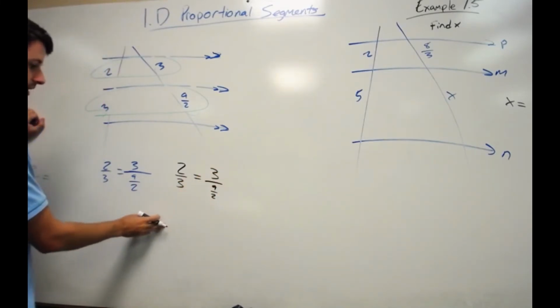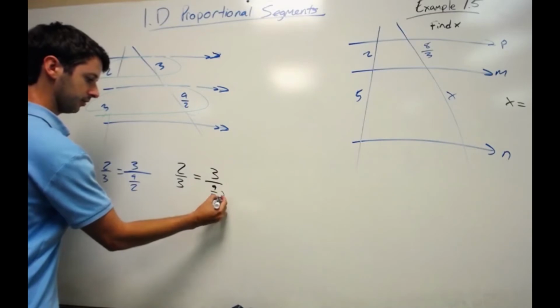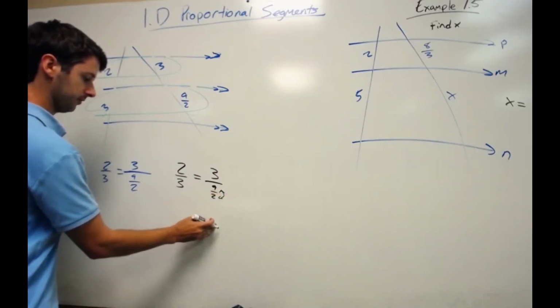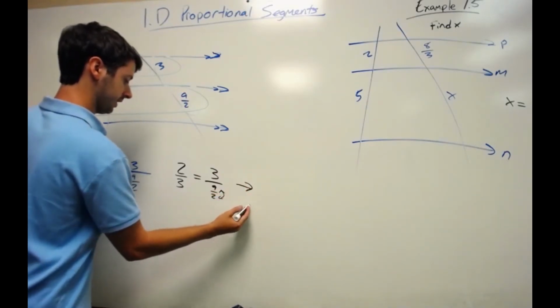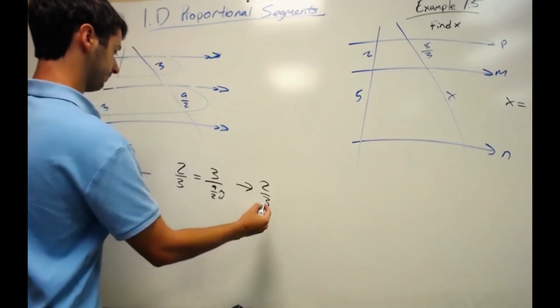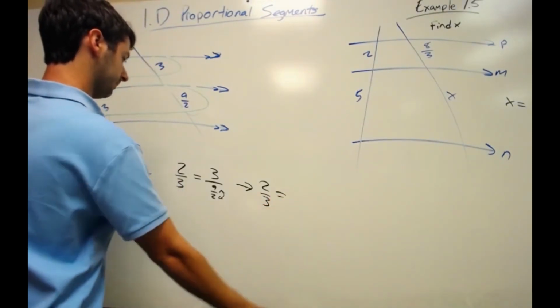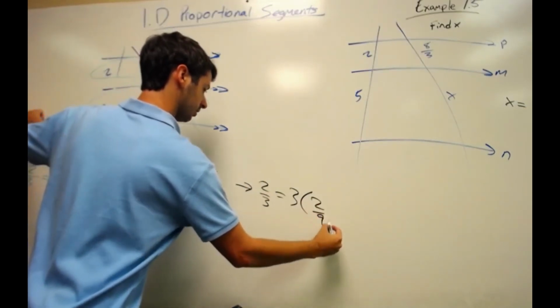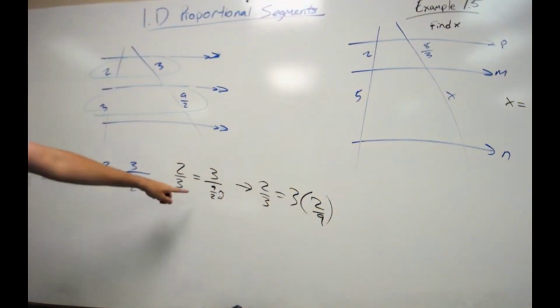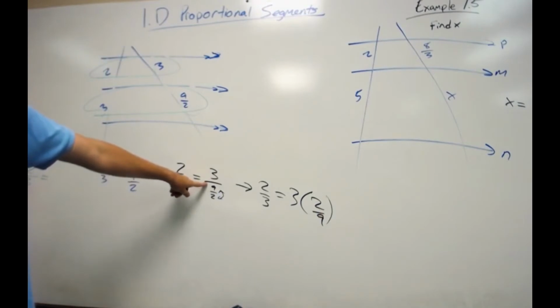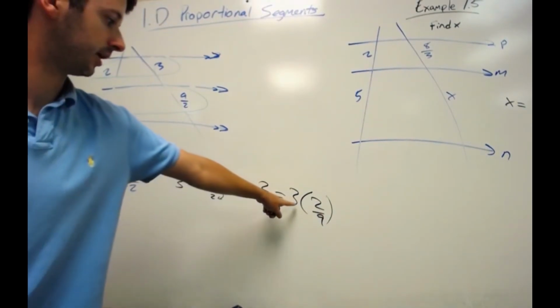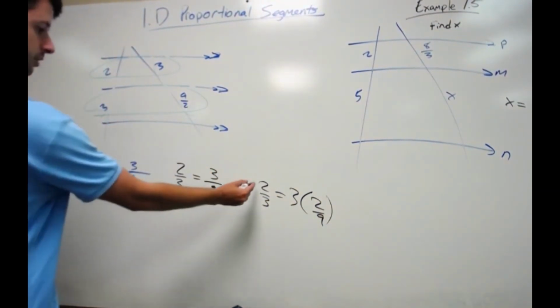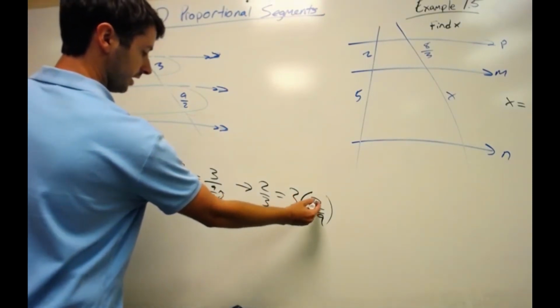When we divide by 9 over 2, we multiply by the reciprocal. So that turns out to be 2 over 3 equals 3 times 2 over 9. We simply flip these, and now we're not dividing, we're multiplying.